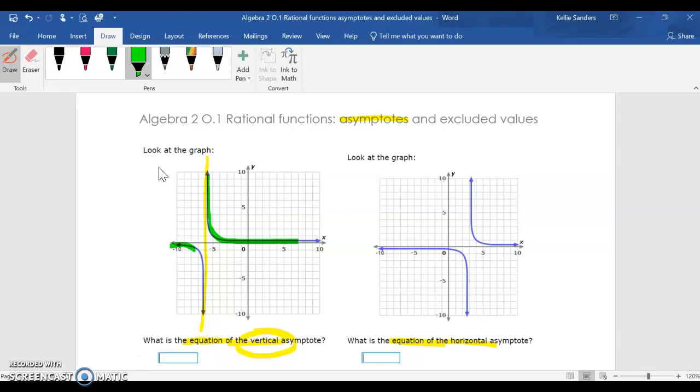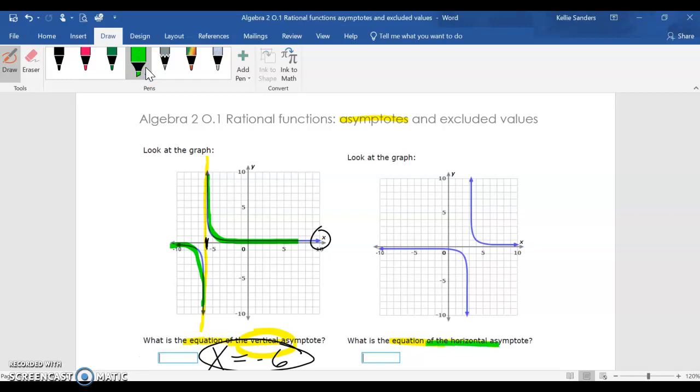What is the yellow line? What axis does it cross? It crosses the x-axis, at -6. So the equation of the vertical asymptote is x equals -6.